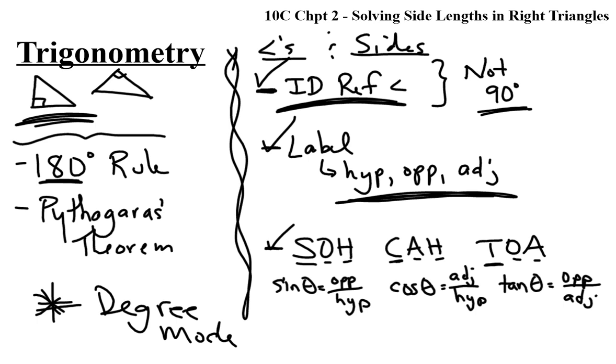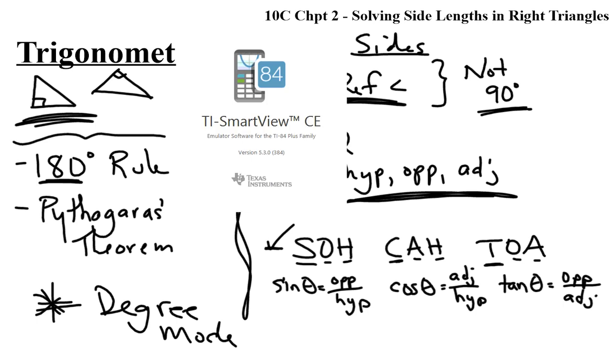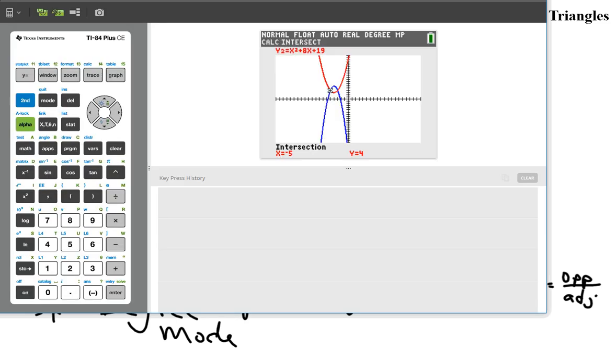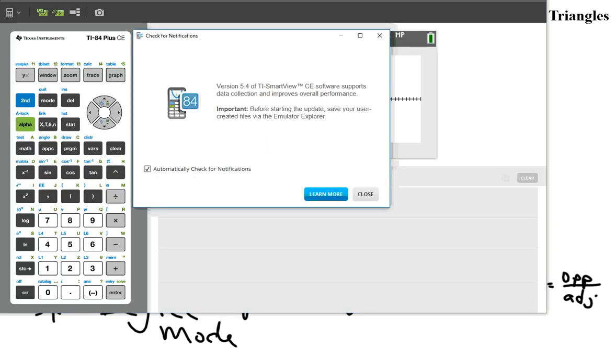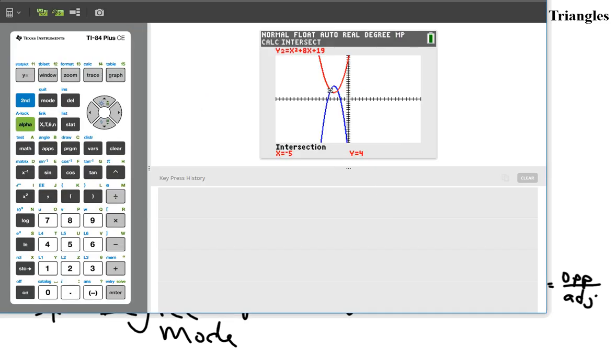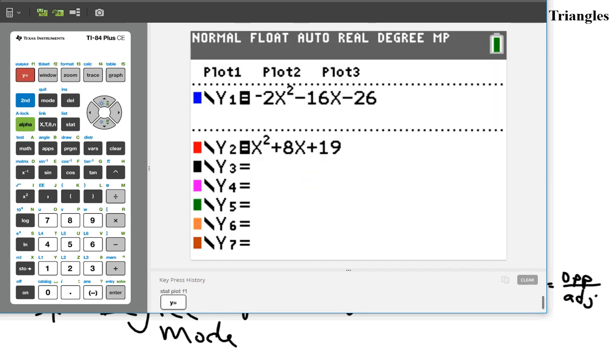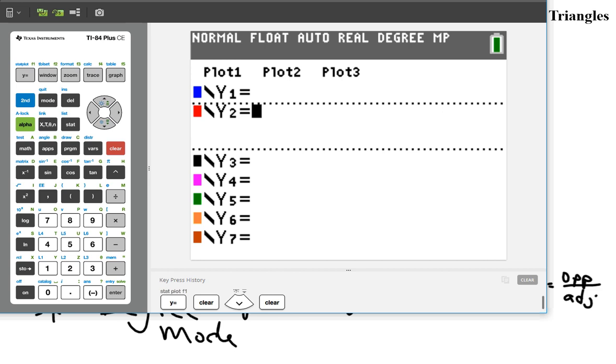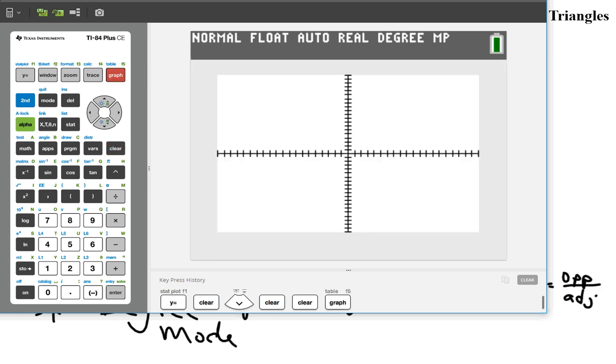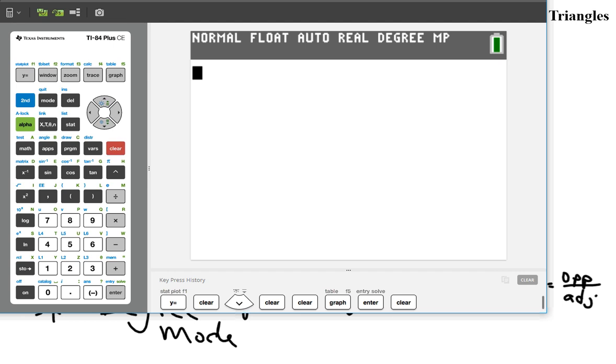If you have the graphing calculator like you have been asked to have for this, it's possible that you will be in a mode that seems to make sense, but if you're not in the correct mode, it's not going to work. So we need to make sure that you are always working in degree mode. You can check to see if you're in degree mode.